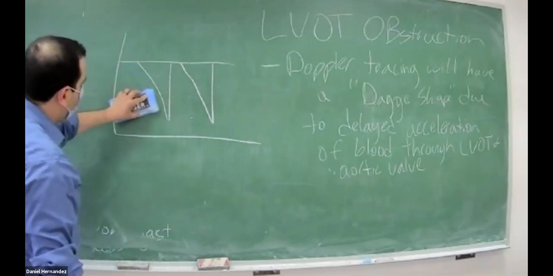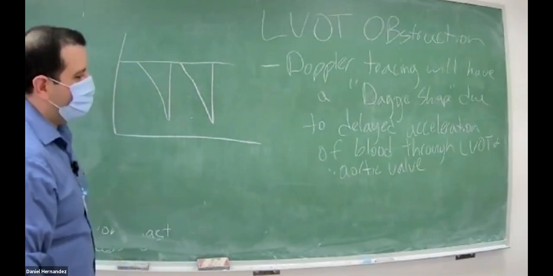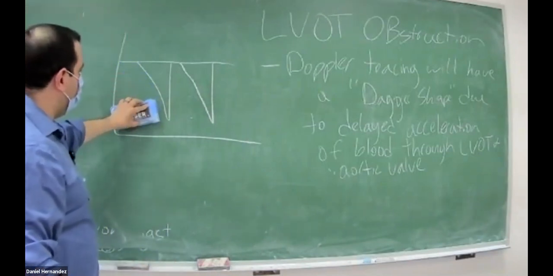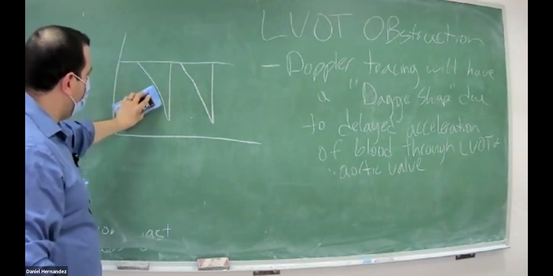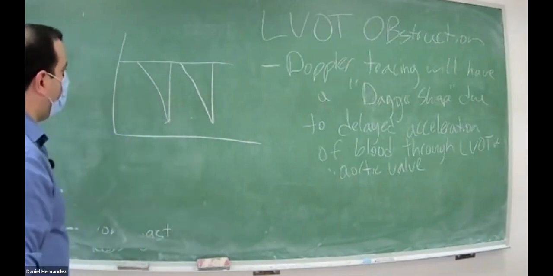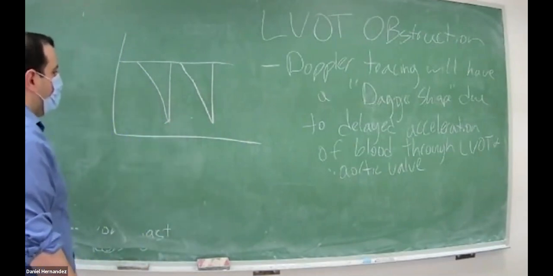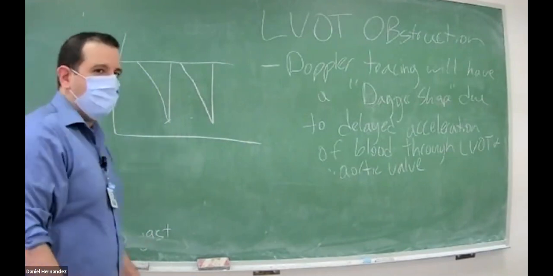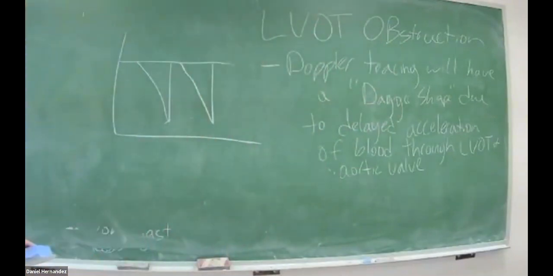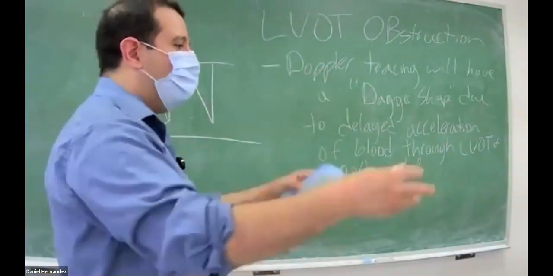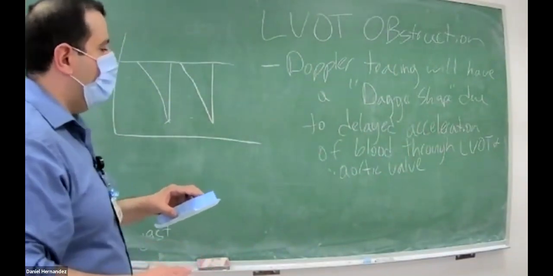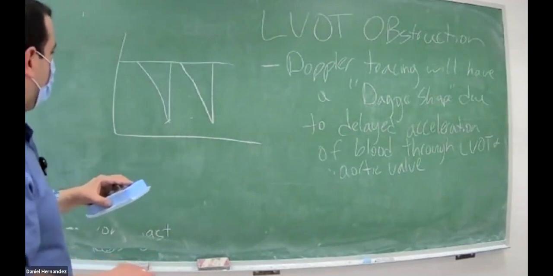So essentially, I don't want to say it's like a tardus parvus waveform, but it's the same kind of principle: because of that obstruction, we're getting a slow increase to our peak maximum velocity, and it gives a dagger-shaped appearance. Once the aortic valve opens, we're not getting that nice, quick acceleration of forward flow of blood through the LVOT and the aortic valve because of the obstruction.